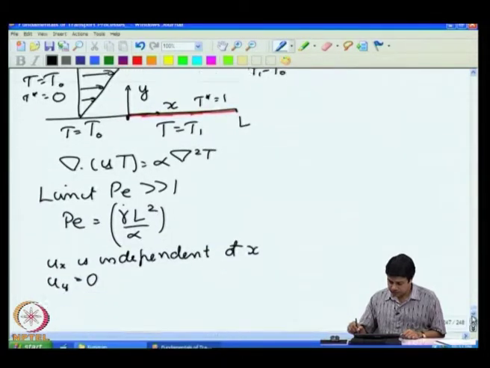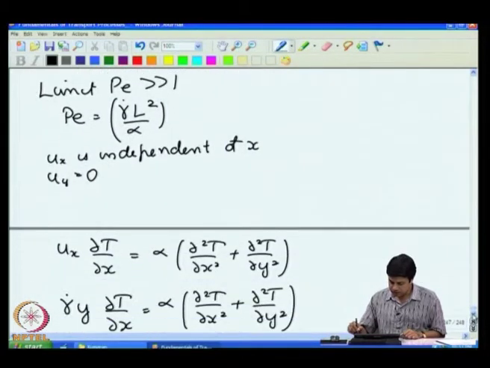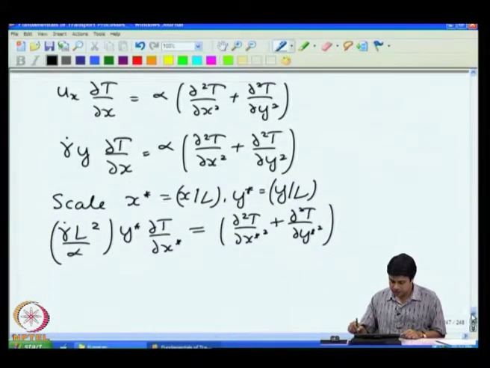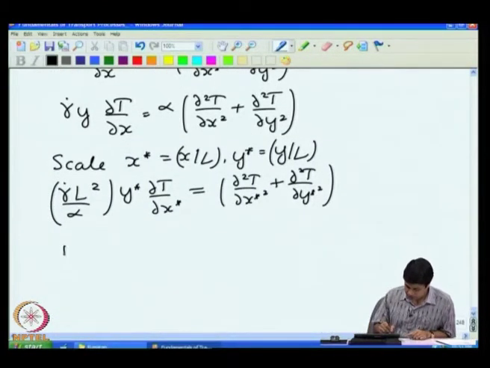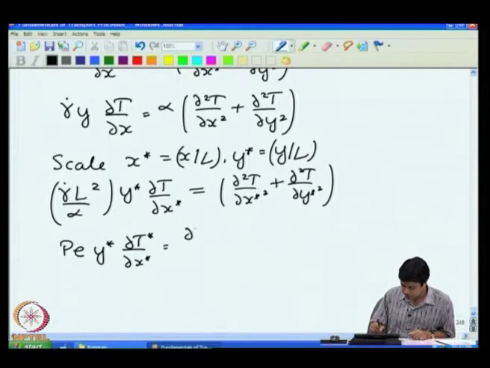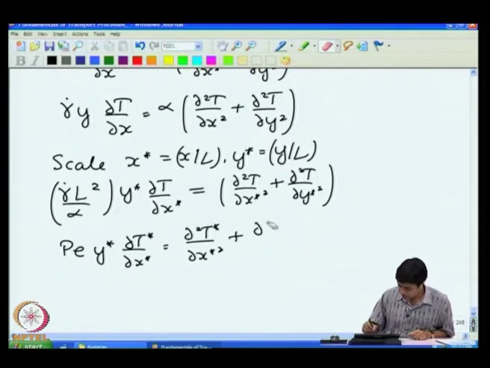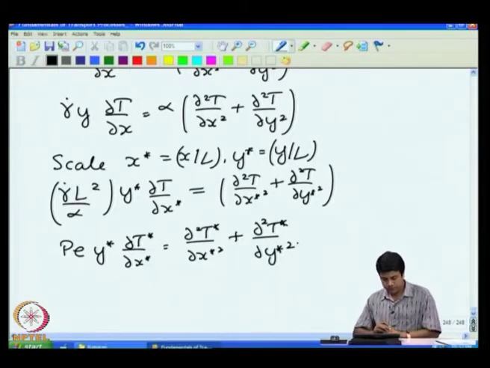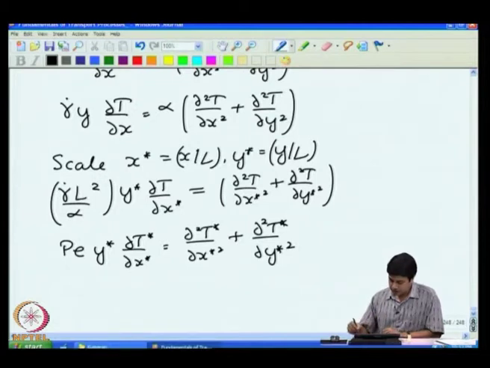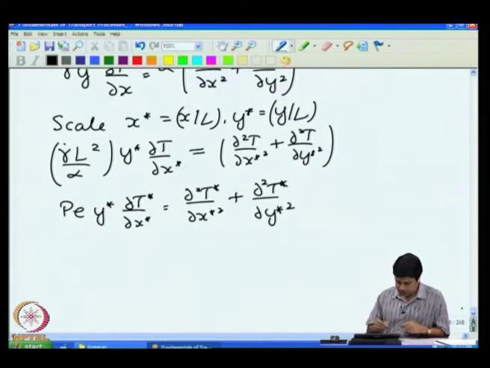In terms of the scaled temperature, since the equation is linear in the temperature anyway, I will just get Pe y star dT star by dx star is equal to d square T star by dx star square plus d square T star by dy star square. So, this is the equation that I get, with boundary conditions.